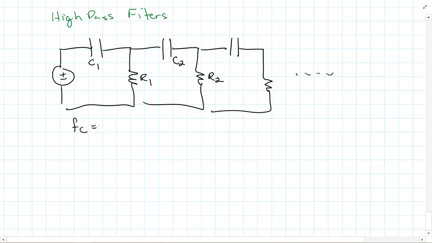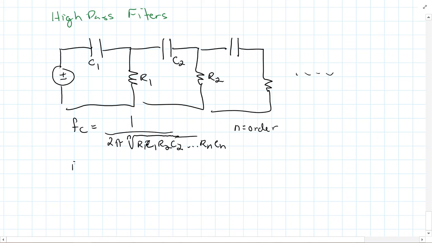The cutoff frequency would be 1 over 2 pi, and it's really not the square root, it's the nth root, where n is the order, of R1, C1, R2, C2, dot dot dot, Rn, Cn.